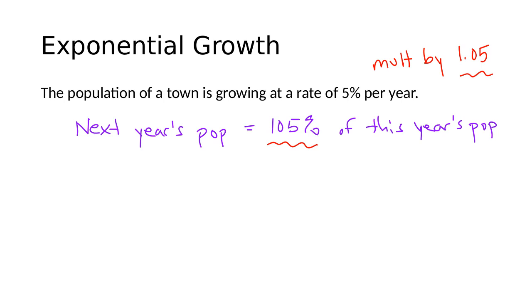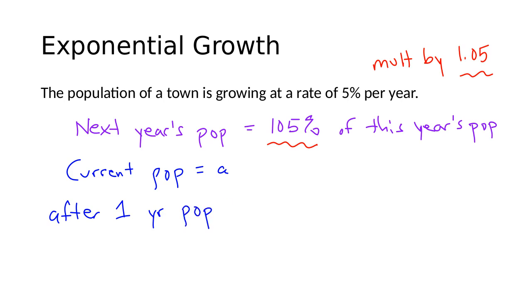Now, I don't know what the current population of this particular town is, but let's call that A. So A is our current population. So after 1 year, the new population will be, well, whatever the current population is multiplied by 1.05.